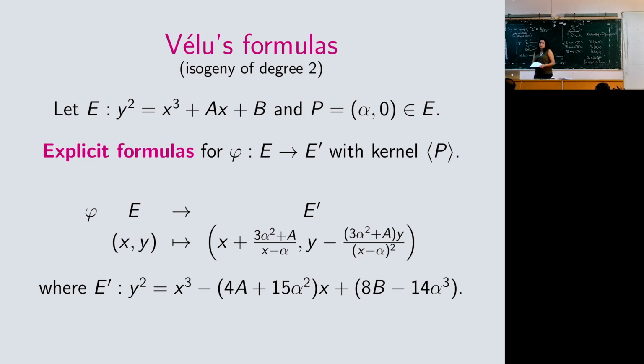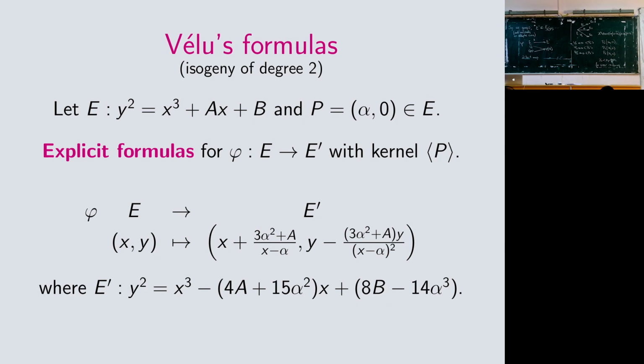Whatever field. Okay? This is general. Maybe I think more in general over K, I guess. So these formulas, you can find them more in general in this paper. And actually, you have formulas for building isogenies with any kernel, okay? This kernel just has to be a finite subgroup of the set of points of your curve, okay?